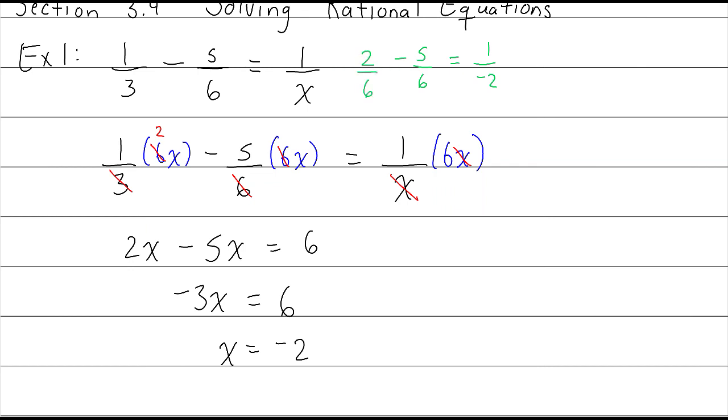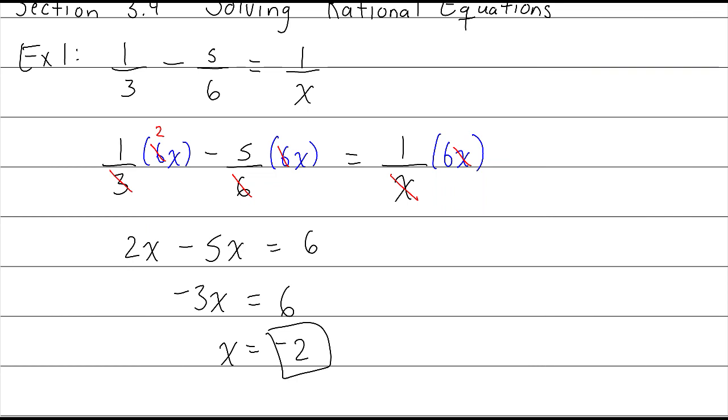And then 2/6 minus 5/6 is going to be negative 3/6. And I can simplify that. Negative 3 over 6 is negative 1/2. So there we go. Negative 1/2 is the same as negative 1/2. Even though the negative is down here at the bottom, we know that means it's just a negative fraction. Good. So negative 2 is our solution.